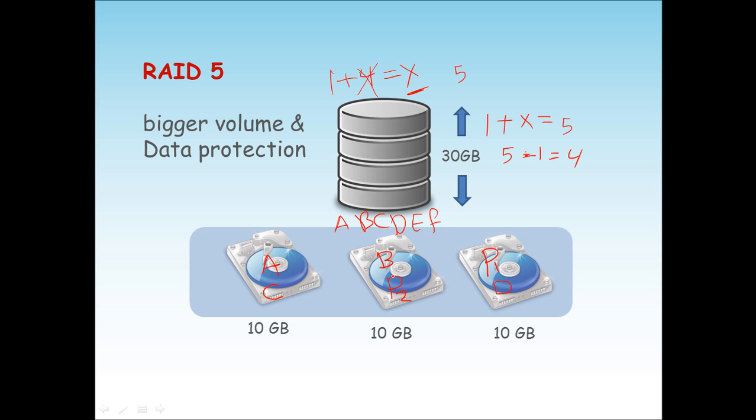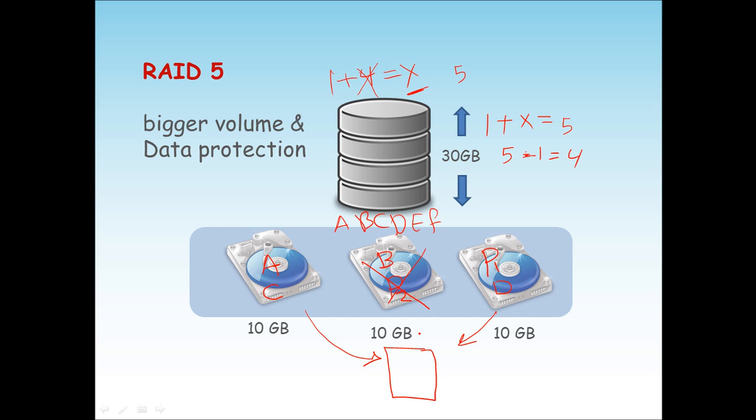and if any drive goes down, for example this one, we will replace it with a new hard disk, and the array will generate the missing data from the other 2 drives.